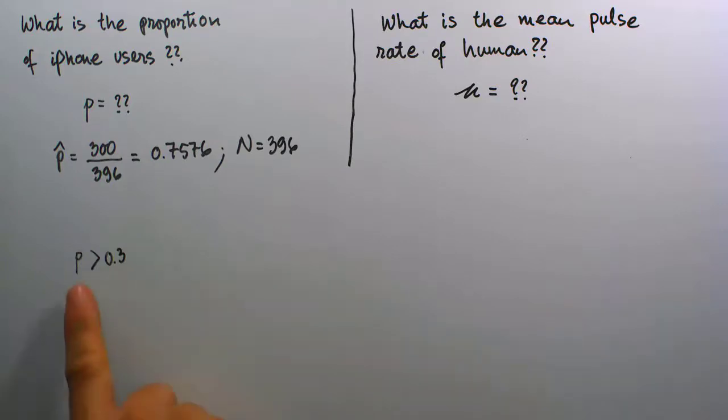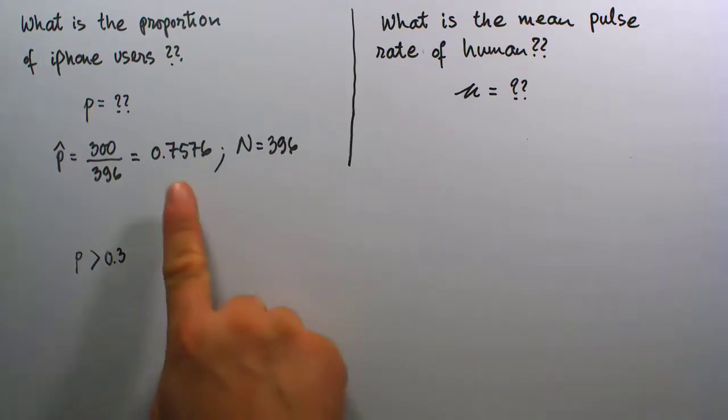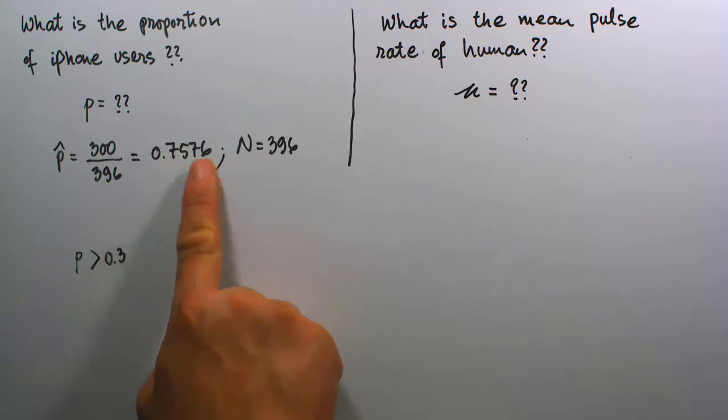So immediately we have an inequality statement right here: P is greater than 30% or 0.3. And think a little further logically here: we come up with this argument, P greater than 30%, because if we're looking at our sample, it's 0.7576.